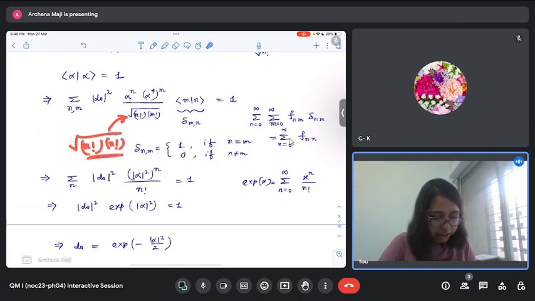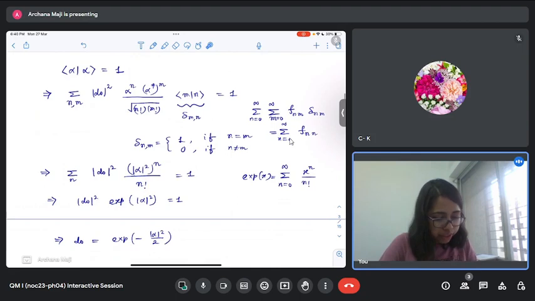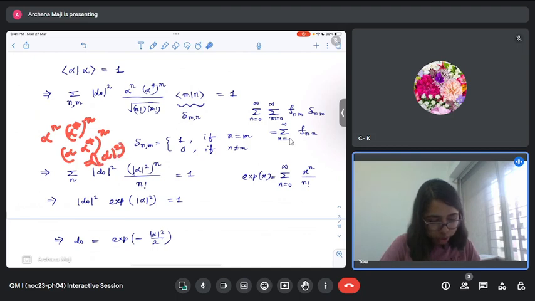So that is n factorial square, and the root of that will give us n factorial. And also here it's alpha to the n, alpha star to the power m. So I will get alpha to the power n, alpha star to the power n, but I can write it as alpha star, whole to the power n, and alpha star is nothing but mod of alpha square whole to the power n. That's what I have written here.